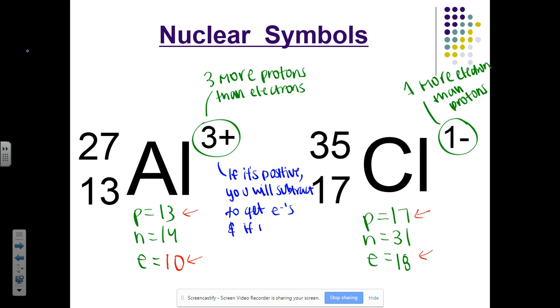And if it's negative, you will add to get the electrons, right? And then it should make sense in the end. Negative means it'll have more electrons. If it's positive, it'll have more protons.